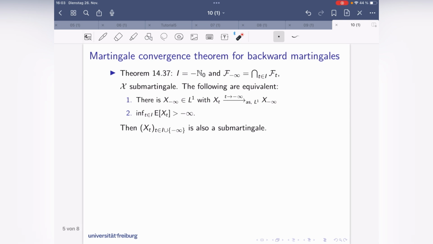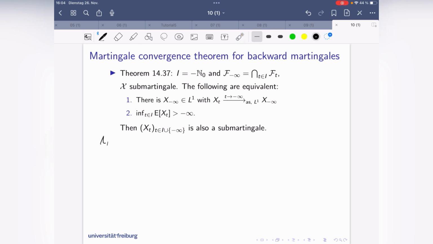So the condition is that the infimum of the expectations must be bigger than minus infinity. For example, if I have a martingale, the expectation is constant anyway, so that's automatic. And then it tells me that I have almost sure and L1 convergence from xt to x minus infinity. And I can augment the martingale by this single point minus infinity.